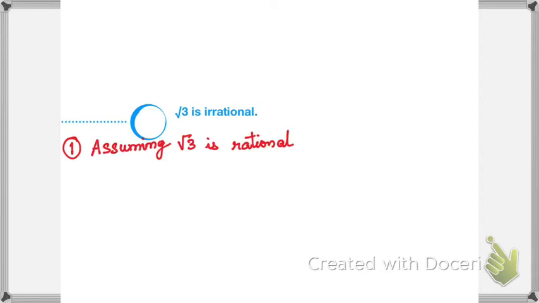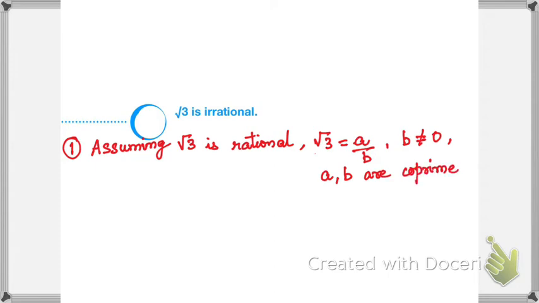If you assume root 3 to be rational, then root 3 will be equals to a by b, where b is not equals to 0 and a and b are co-prime, because they are in simplest form and therefore they don't have any other common factor, and that is why they are co-prime.